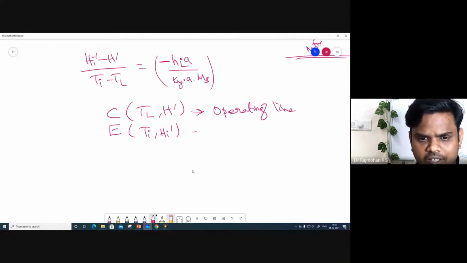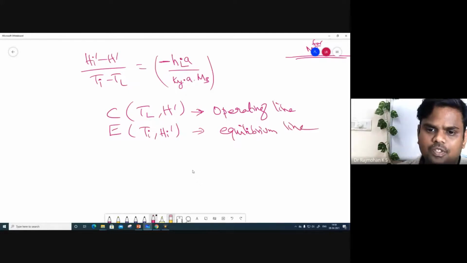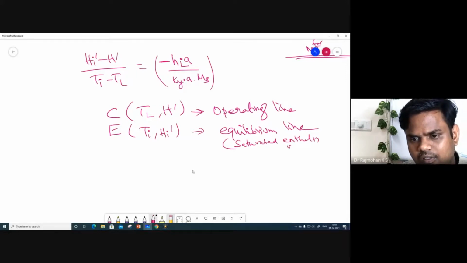This point E is at the interface, no? The interface is saturated with water. That means this will lie on the saturated enthalpy curve, that is the equilibrium curve. Remember, the equilibrium curve is the saturated enthalpy curve versus liquid temperature.